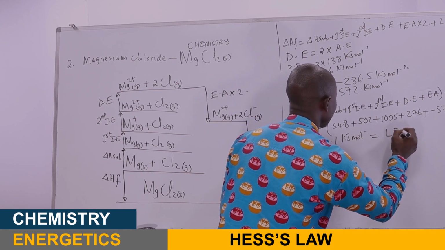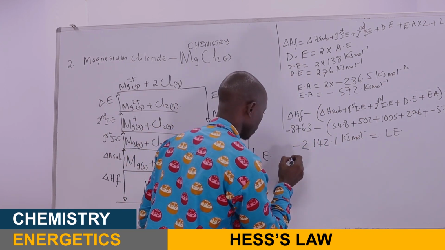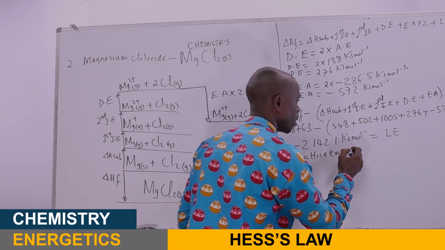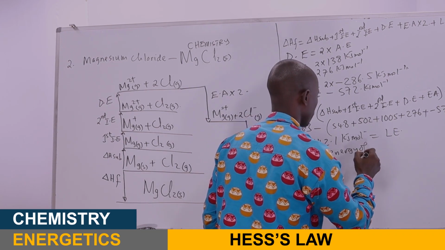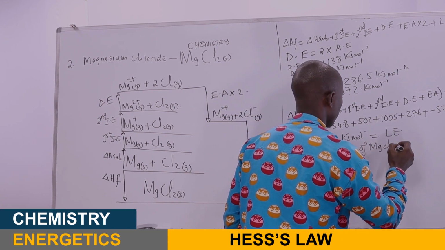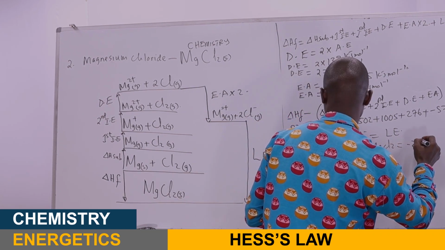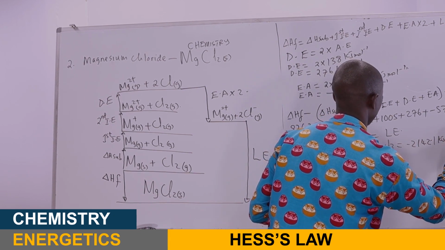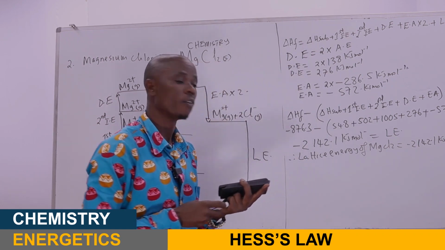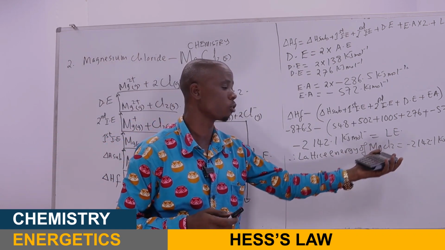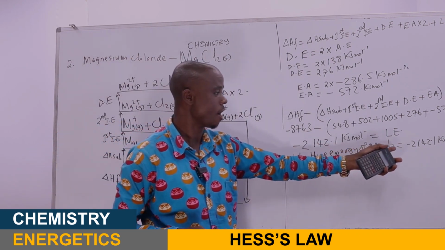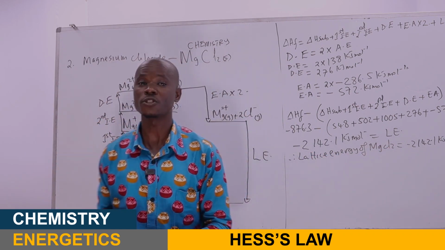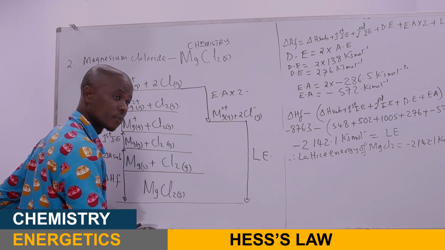This equals lattice energy. So the lattice energy of magnesium chloride equals negative 2,142.1 kilojoules per mole. So that is a very simple calculation that you can make.